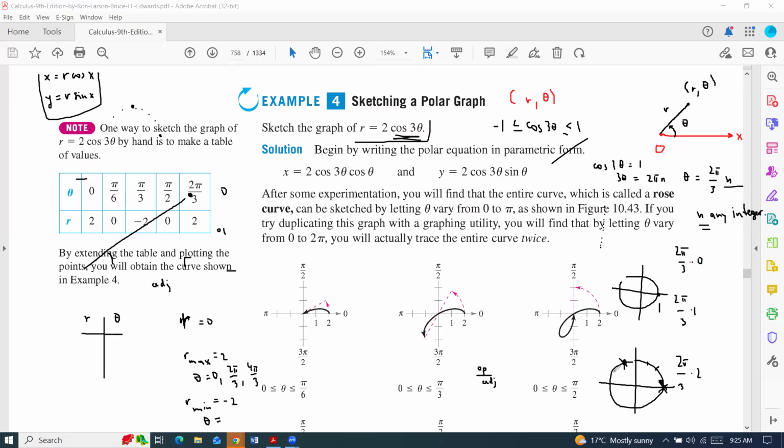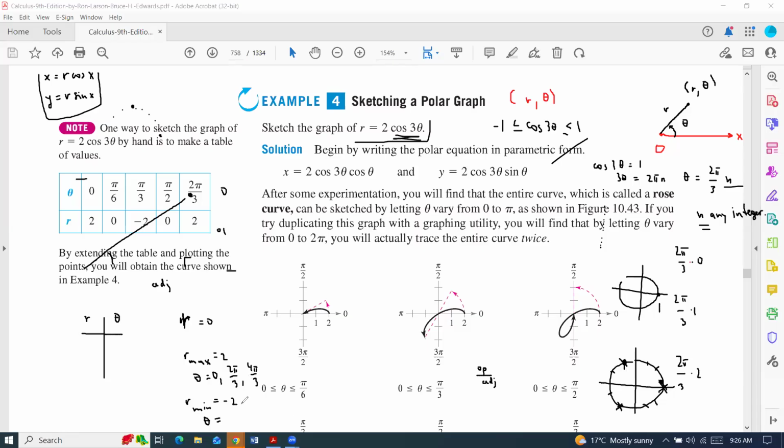And then that's 4 pi over 3 here. So if you keep rotating, they're going to keep repeating again and again. That's why those are the 3 points on the unit circle I care about.